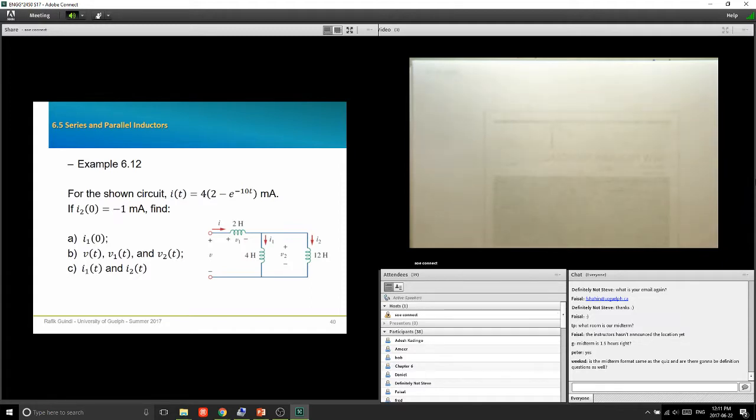So that's the total current, I of t. It says if I2 of 0, we know what is I2. I2 is the current flowing in the 12 Henry. I2 of 0 is given. We want to find A and B and C. Okay, let's take it one step at a time.